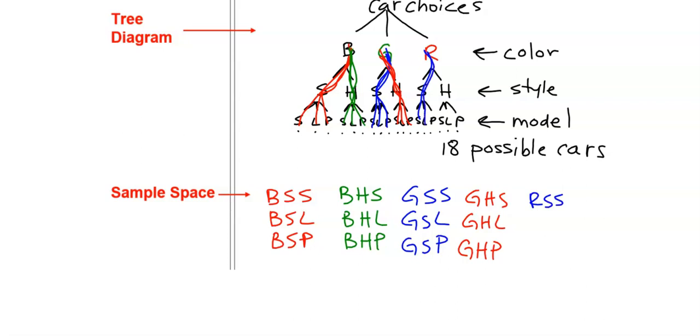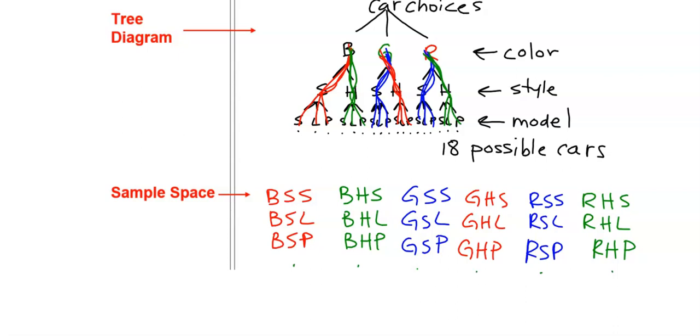We could have an RSL or an RSP. And then we could have an RHS, an RHL, or an RHP. All right, so there is all 18 possible outcomes. 3, 6, 9, 12, 15, and 18 possible outcomes.